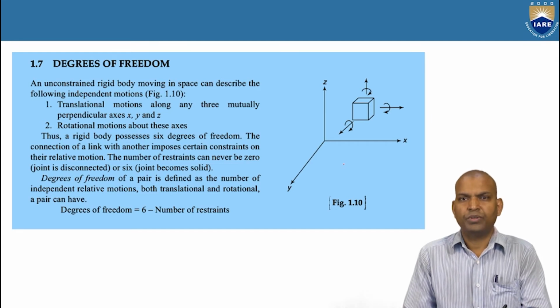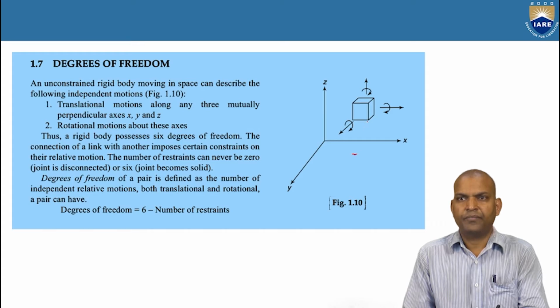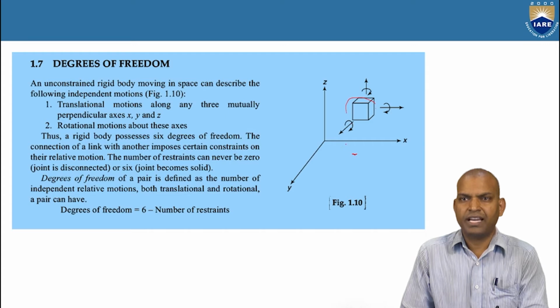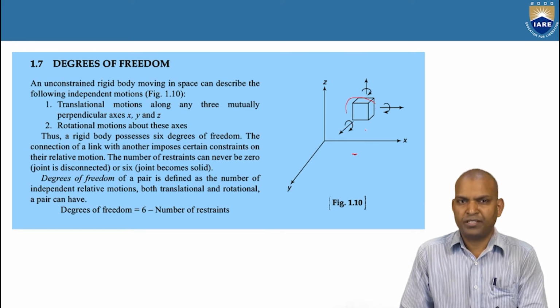In this figure, a cube is in space. With respect to the Cartesian coordinates, the axes are x, y and z. This body has 6 independent motions.